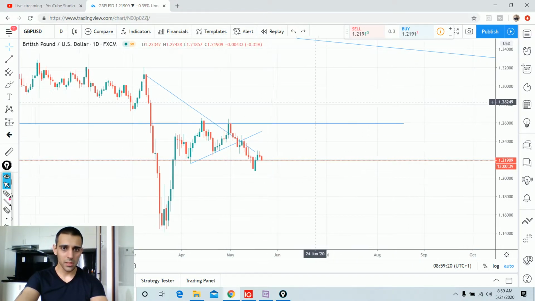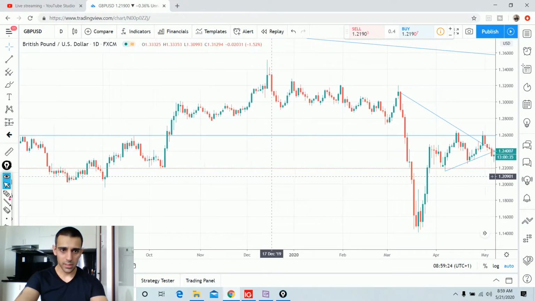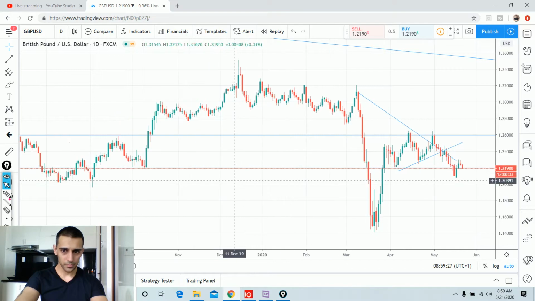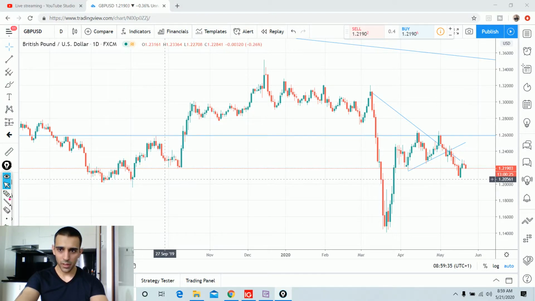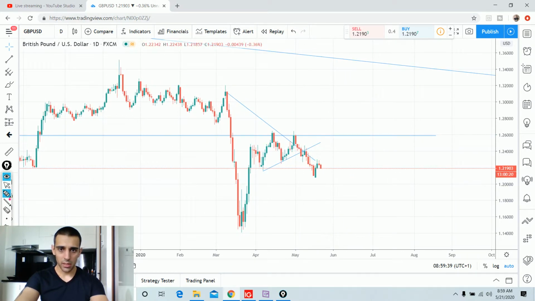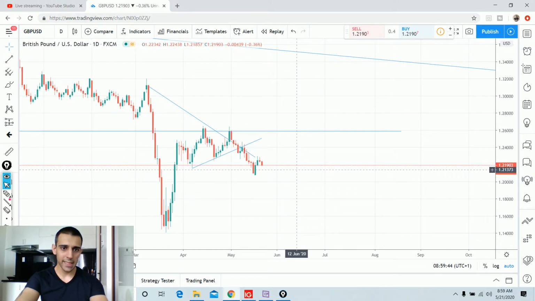Hold on, let me just have a look. Okay, so the price came down, tested this daily low down here, and then it had the aggressive reaction towards upside. So this retracement is upside, and now it looks like the price is coming back.